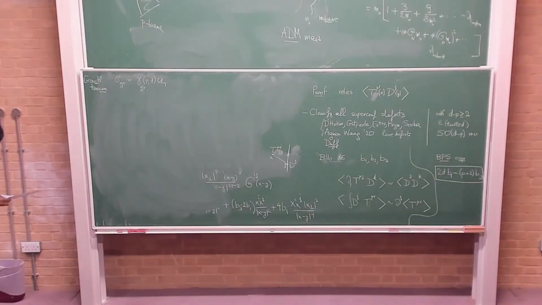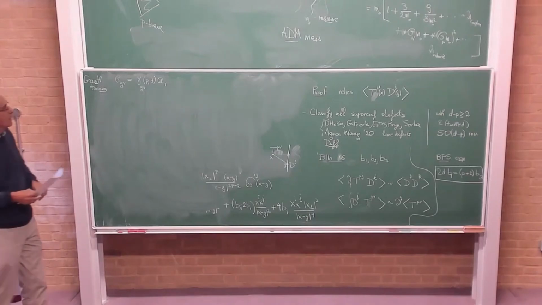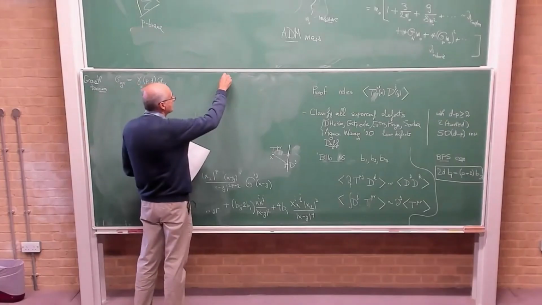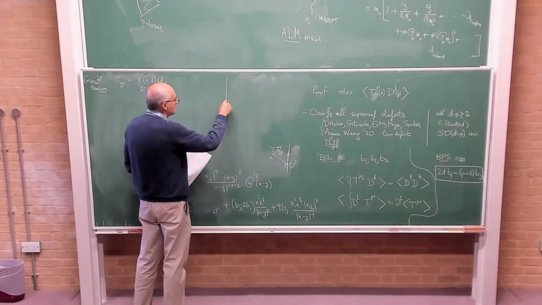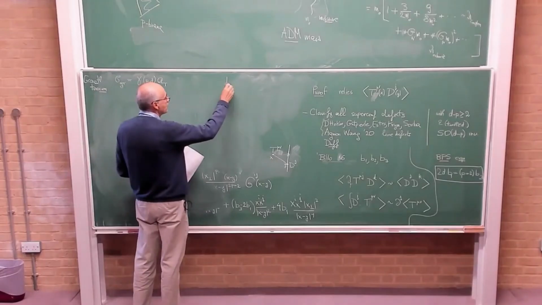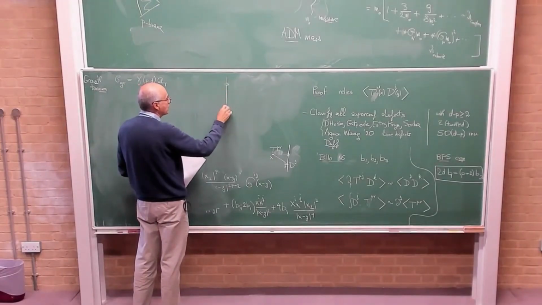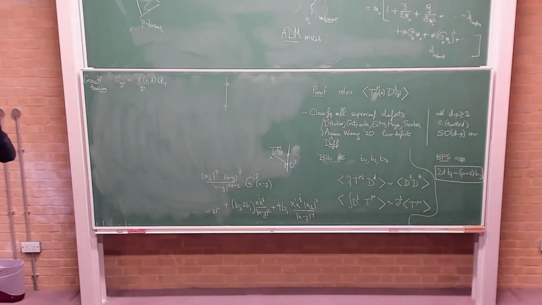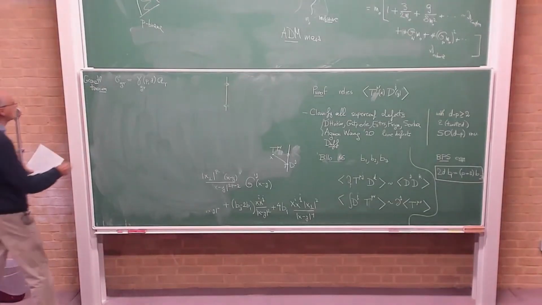But then, we said, yeah, but there is another thing you can do. If you have a string, you can define a tension without gravity. What do you do? Like a violin string, you strike it here, you strike it there, you measure the 2-point function, and this gives you a different measure of tension.